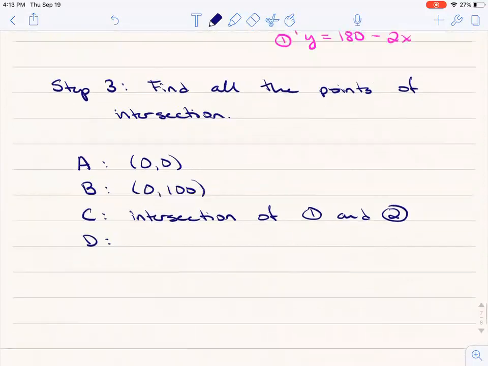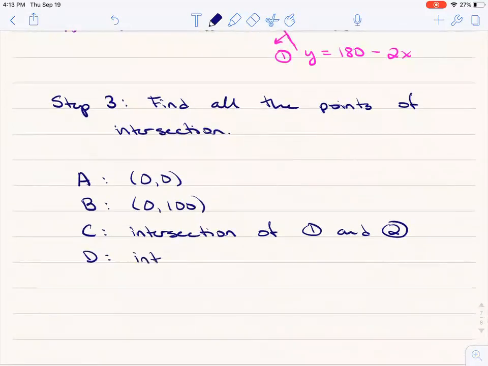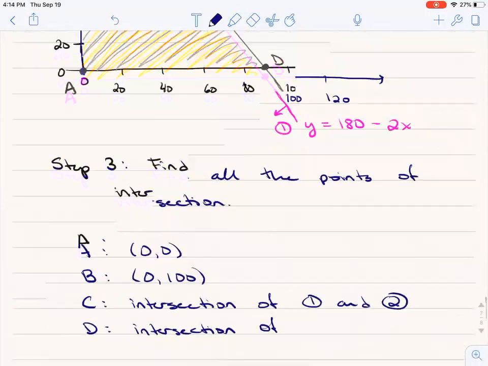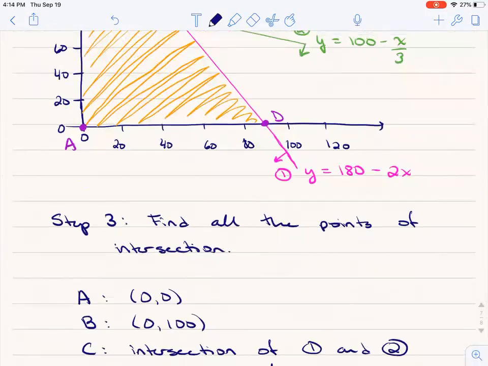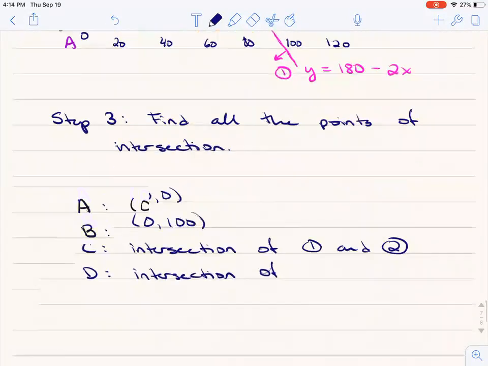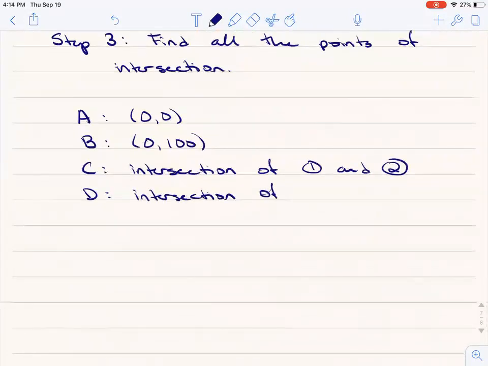And D is the intersection of line 1 and y equals 0.